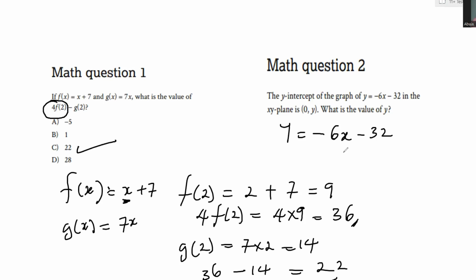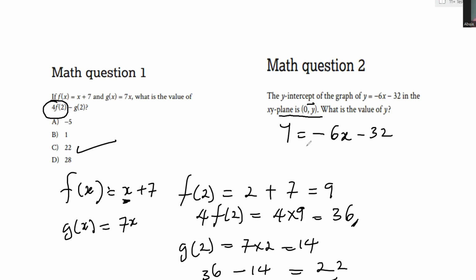Beautiful. So if you consider the xy coordinate, what is the value of y? Now, we've been given a condition here that we should take the value of x to be 0. That's what this means.